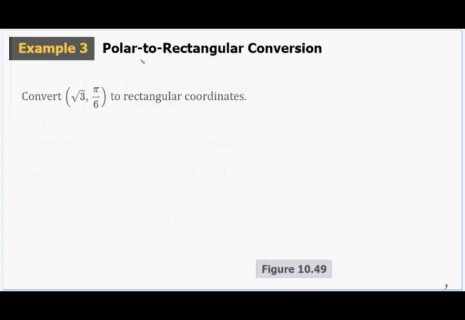In example 3, polar to rectangular, our r value is root 3. Our theta is pi over 6. So I'm going to just write that here. R is root 3, theta equals pi over 6. So I'm going to do my x-coordinate here in red. X is equal to r times the cos of theta.